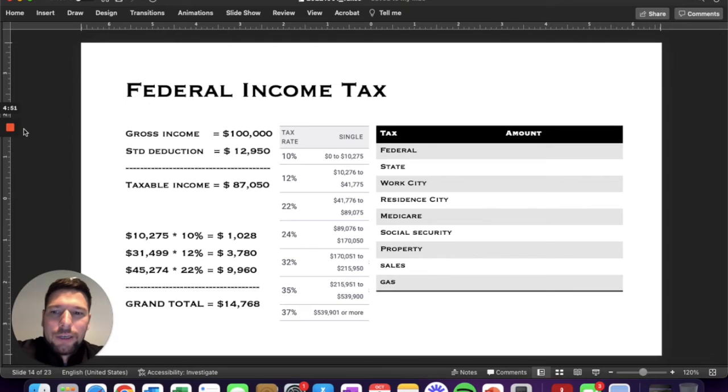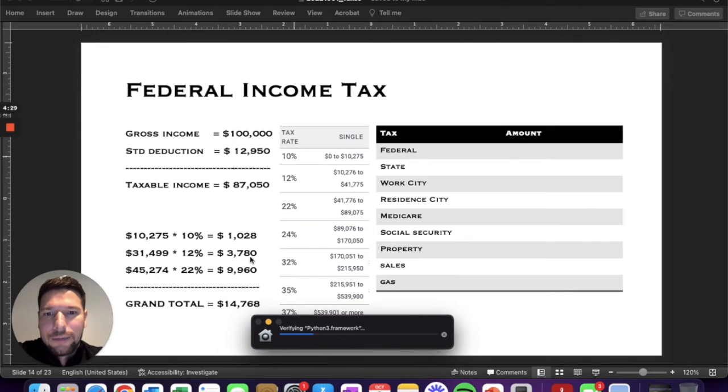So his gross income, as mentioned, is $100,000 a year, but actually everybody in the United States gets a standard deduction. It's different if you're single versus married, but for single in 2022, it's about $13,000. So we need to subtract that from his gross income to understand his taxable income. So with that, we're just going to go through each one of these different brackets. The first $10,275 is going to be taxed at 10%.